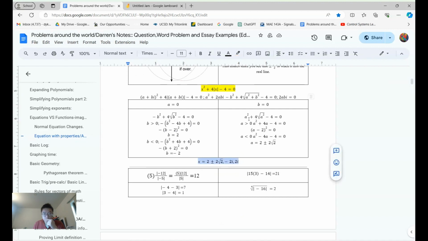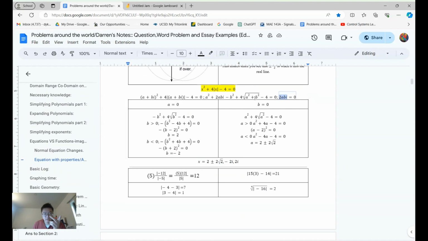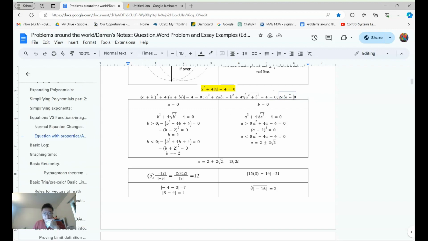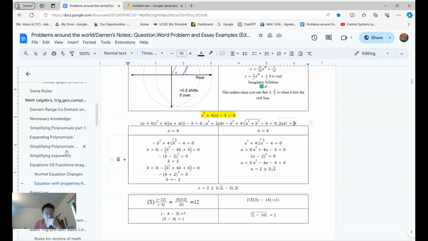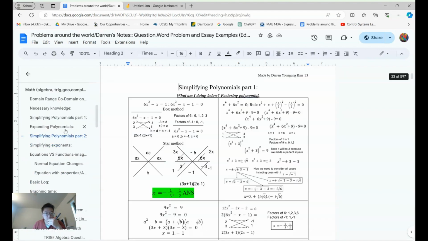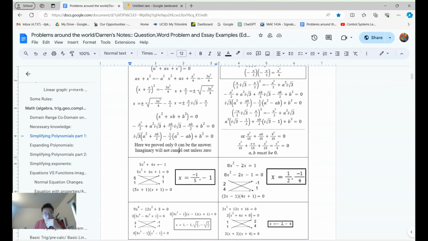But if you looked at it, imaginary cannot be canceled by real, so this must be 0 over here. I think we did that in polynomial part 1. I explained here that imaginary cannot be cancelled at 0.